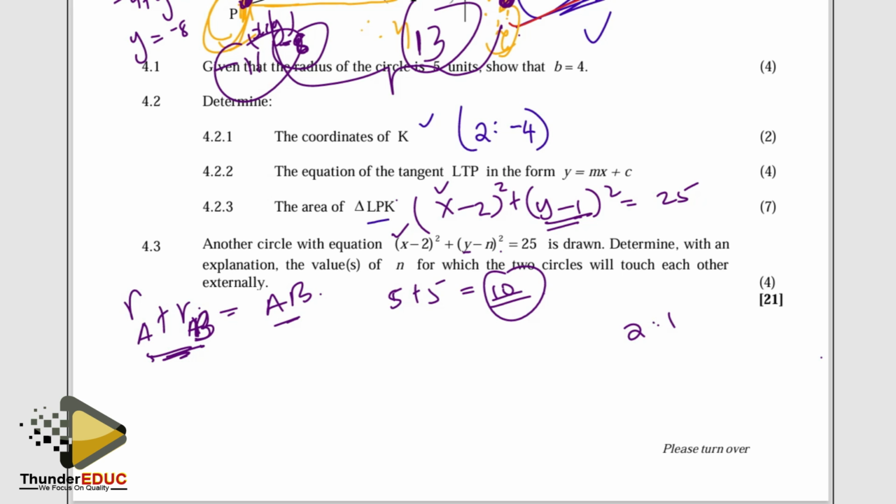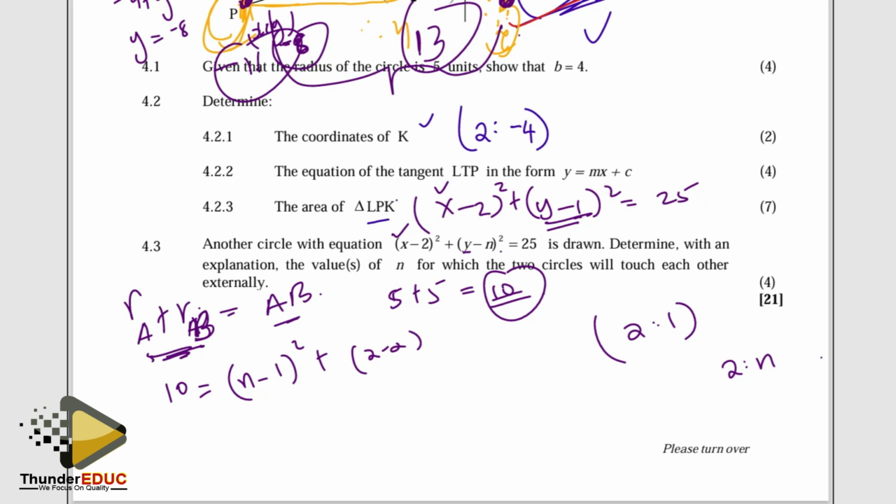So 2 and 1, and then we have that as 2 and n. Let's work around this. So that 10 is equal to n minus 1 squared plus 2 minus 2, which will disappear.